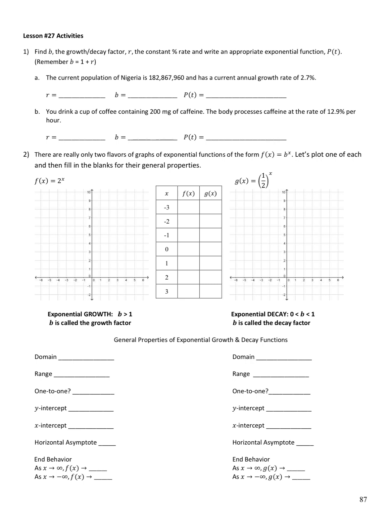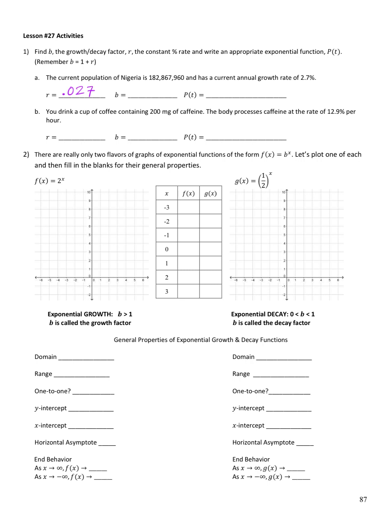Okay, so the current population of Nigeria is 182,867,960 and has a current annual growth rate of 2.7%. So the percent growth rate is 2.7%, which makes R 0.027. We just changed that to a decimal.